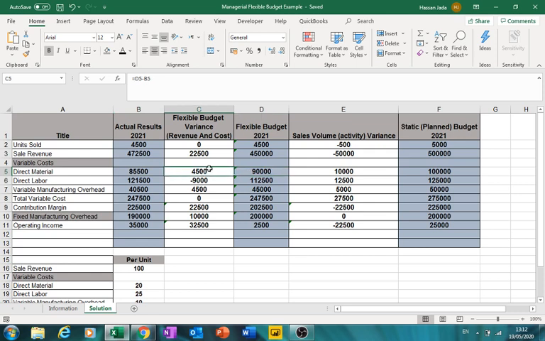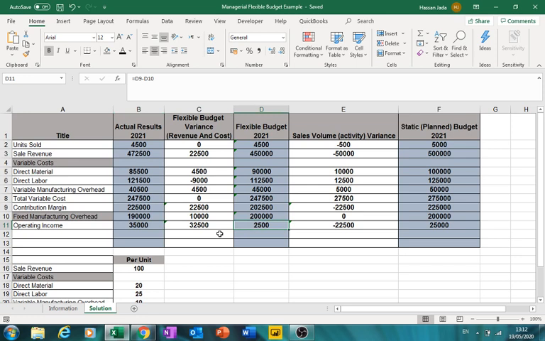Then the difference is plus, or favorable. Here we have more sales revenue than the flexible budget, which is a favorable flexible budget variance, and we have more actual operating income than the flexible budget.